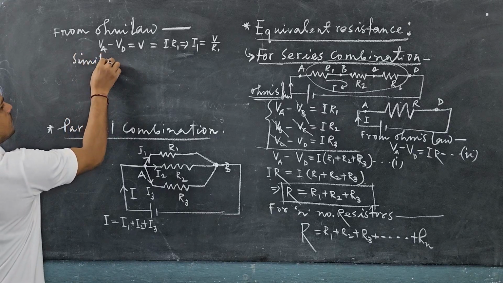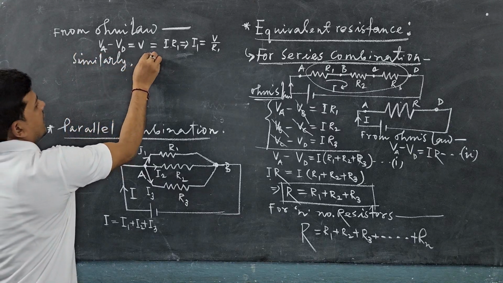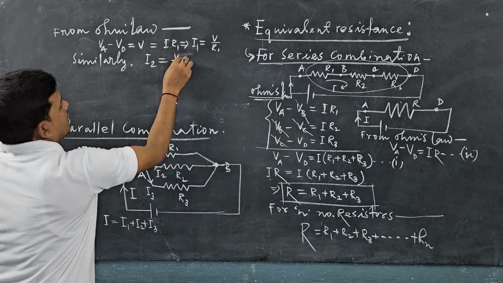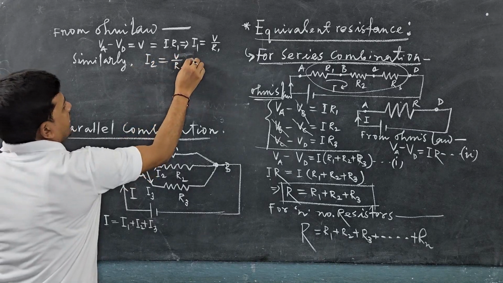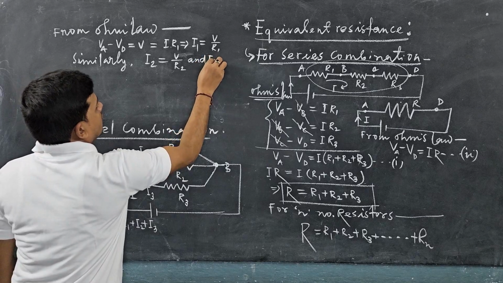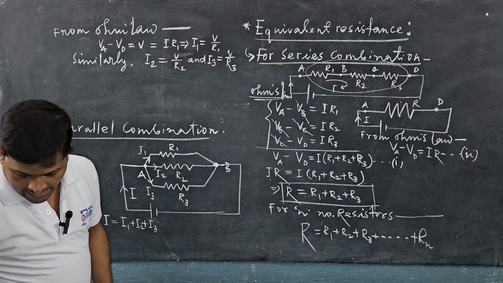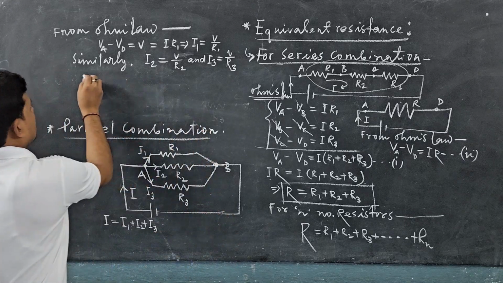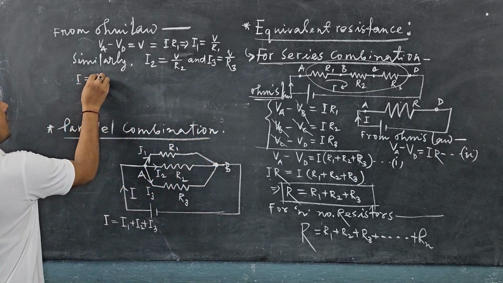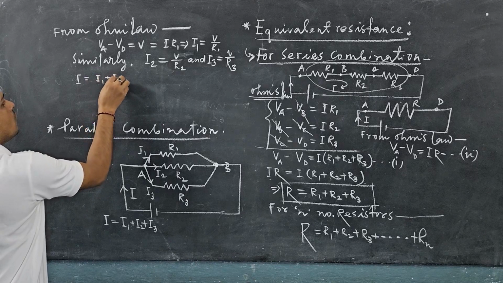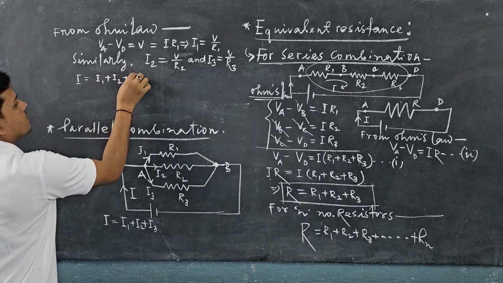Similarly we can write I2 equals V by R2, and I3 equals V by R3. Okay, and now I equals I1 plus I2 plus I3.